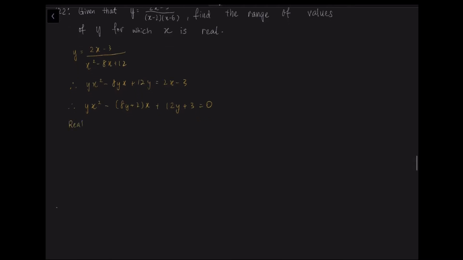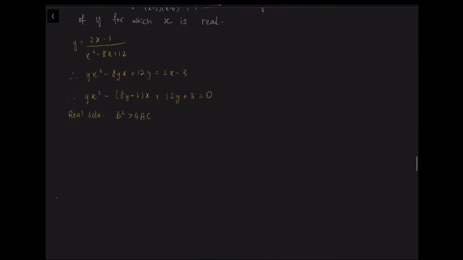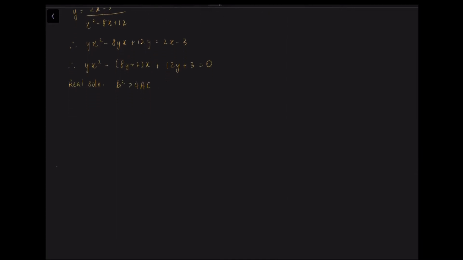And to obtain real solutions, we know that b squared must be larger than or equal to 4ac. So we can rewrite the equation as (8y plus 2) squared is larger or equal to 4y times (12y plus 3).